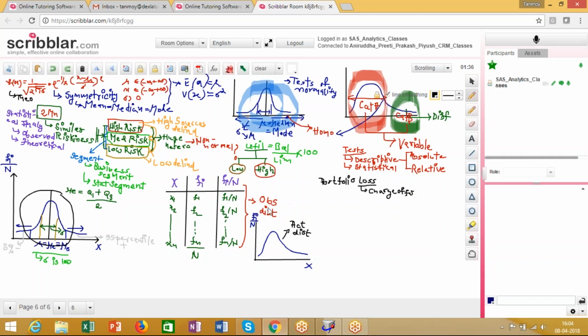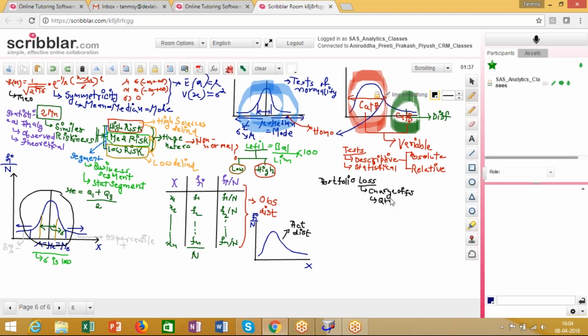Now, these charge-offs are looked into at a monthly level, or to some extent they're aggregated at a quarterly level. Now at each quarter, there are charge-off lists.